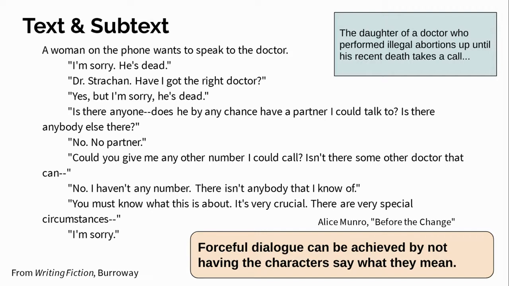She's saying it's a special circumstance, right? But the daughter isn't trying to help that other person. So just note that they are not saying the word illegal abortion. They're not even saying the word abortion, but it's clear what they're talking about. And it's clear what each of their motives are in this dialogue exchange.